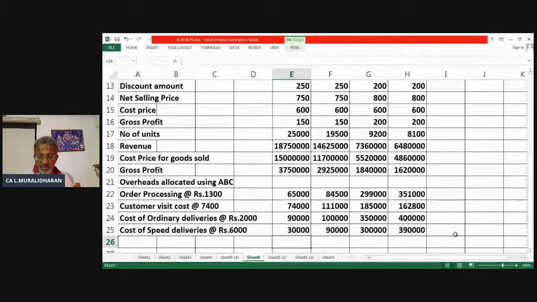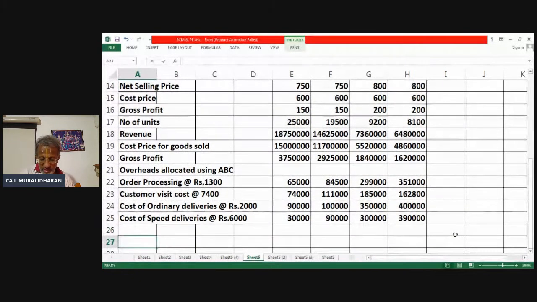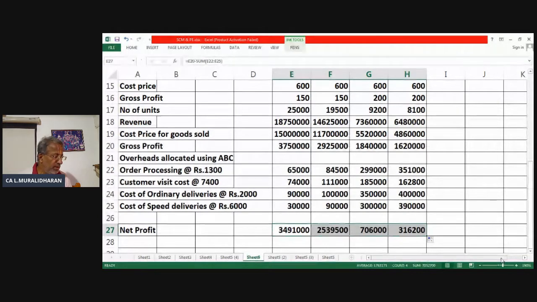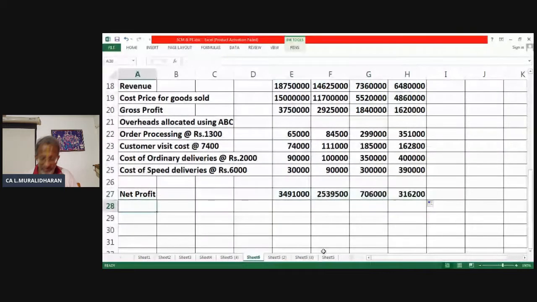So now what we are expected to do is net profit, which is nothing but the gross profit of 35 lakhs 50,000 minus the sum of the overheads allocated on activity-based costing. Then importantly, net profit ratio we are expected to arrive at.